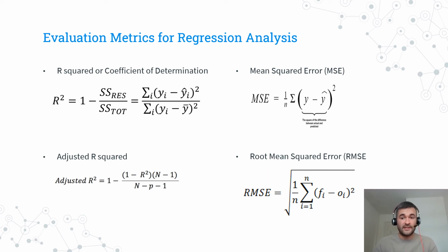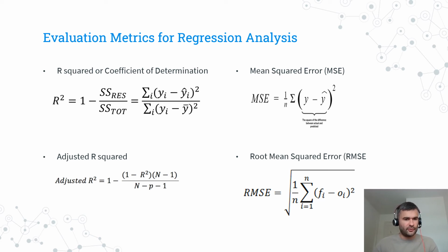What we're going to look at first is the R squared, also known as the coefficient of determination. R squared is probably the most employed metric for model evaluation in regression analysis. It is basically a ratio of explained variation to total variance, and the R squared output value ranges from 0 to 1, and a value that's closer to 1 indicates a stronger model, the perfect model being shown as number 1.